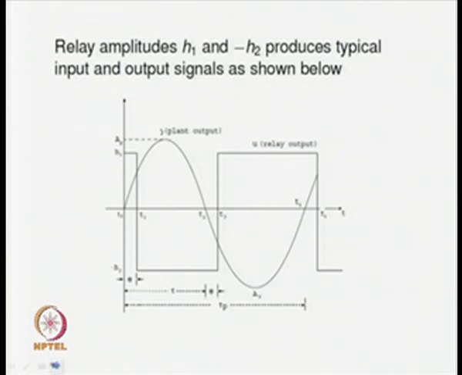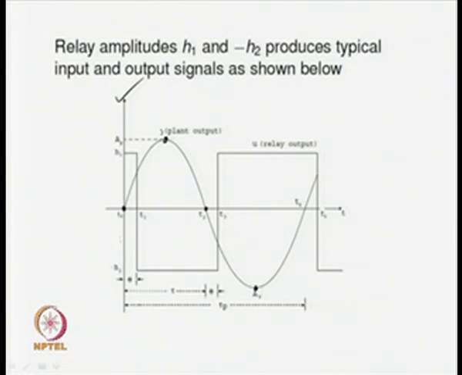Now, we have this typical limit cycle output, sustained oscillatory output from the dynamics of a system under relay control. We will target the critical points like the zero crossings and the peaks of the sustained oscillatory output signal.